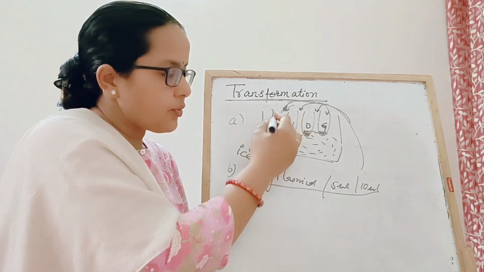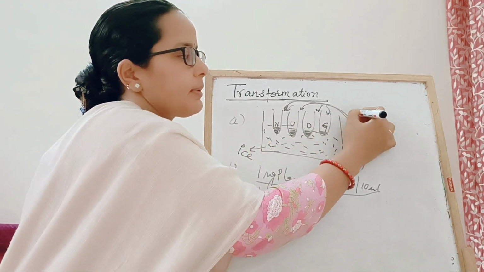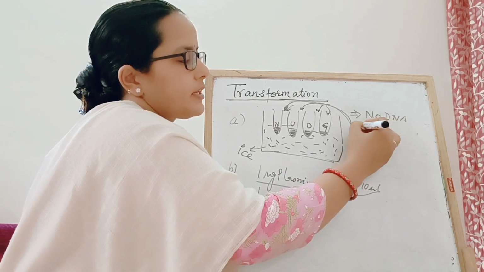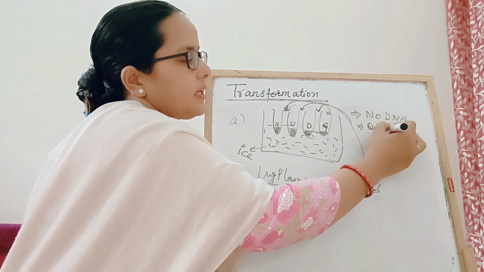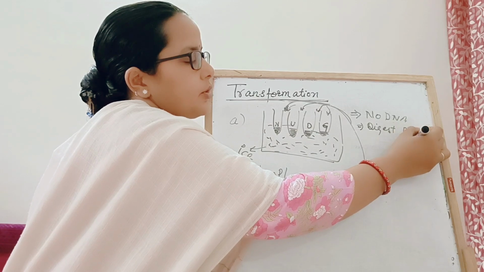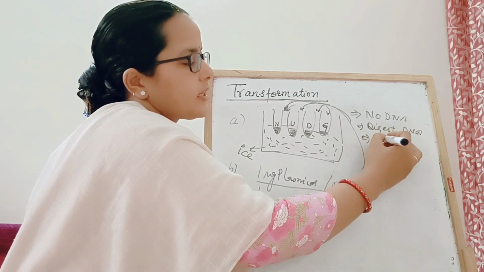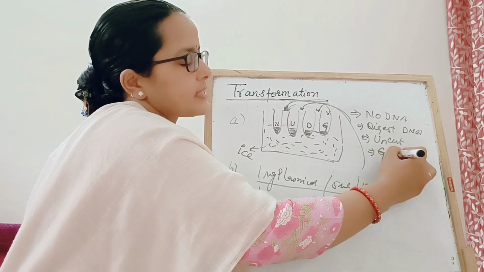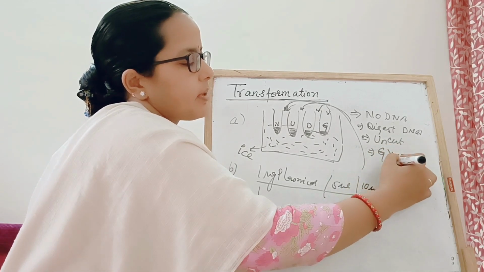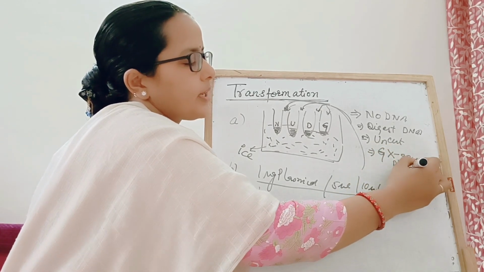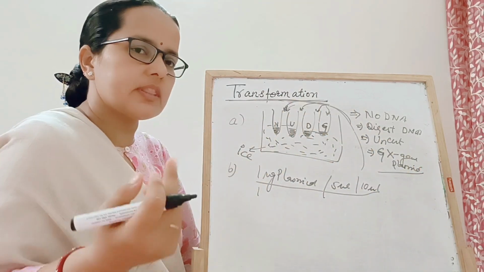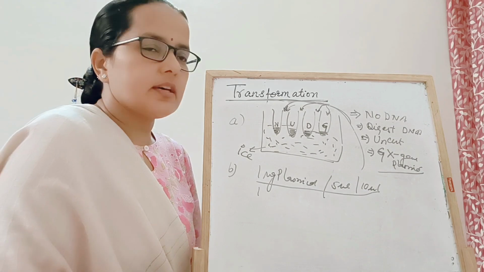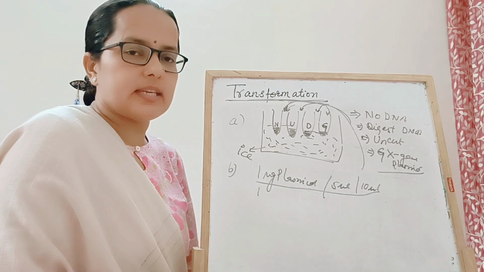You can label them no DNA, digested DNA, uncut, and gene of interest, that is X gene plasmid. Cover them with transparent sellotape so you don't have any confusion at the end.